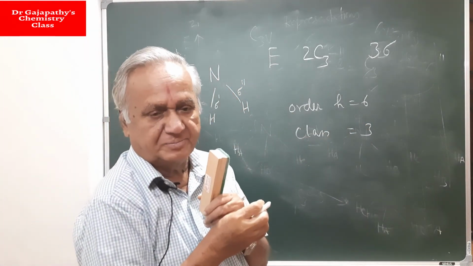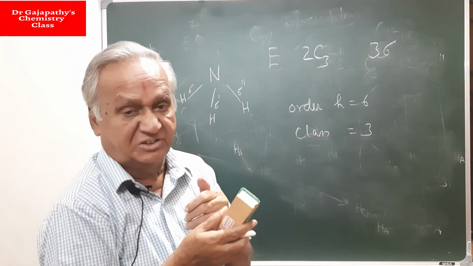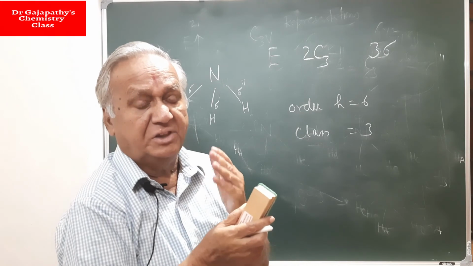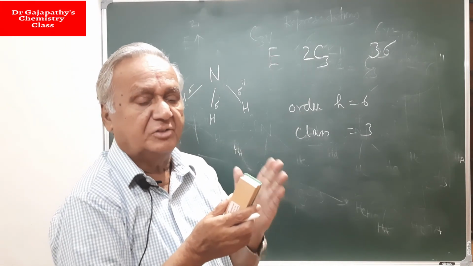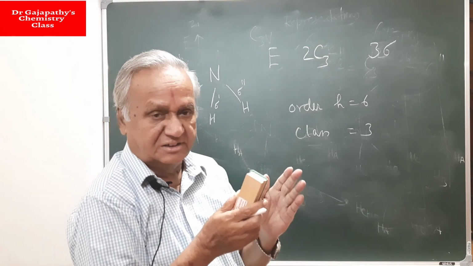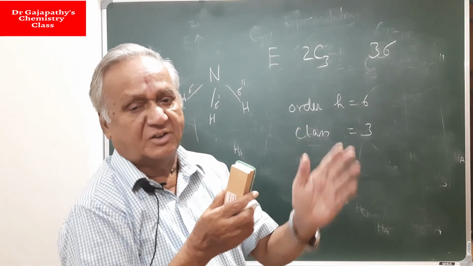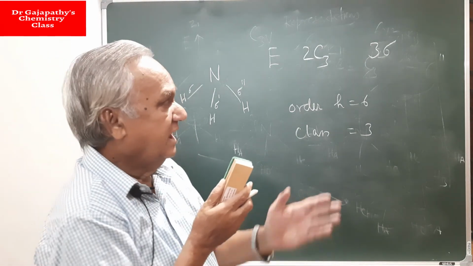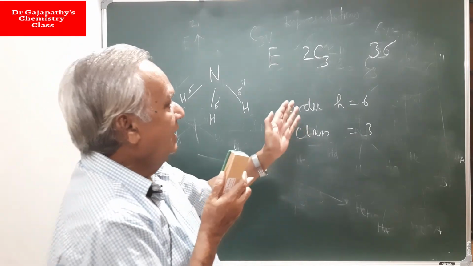I go back. I said a molecule can have any number of reducible representations, but the number of irreducible representations is limited. The total number of irreducible representations for a molecule is equal to the total number of classes of the molecule. So in the case of ammonia molecule, order is 6, classes are only 3.